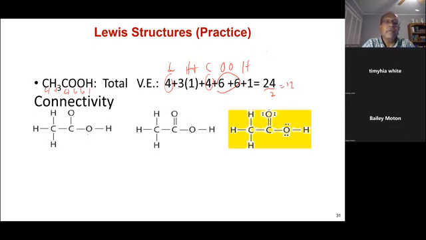Connectivity is this. So you add the hydrogens to carbon and hydrogen to OH. Then after that, you fill up 2 more electron pairs to here. That's what you got.